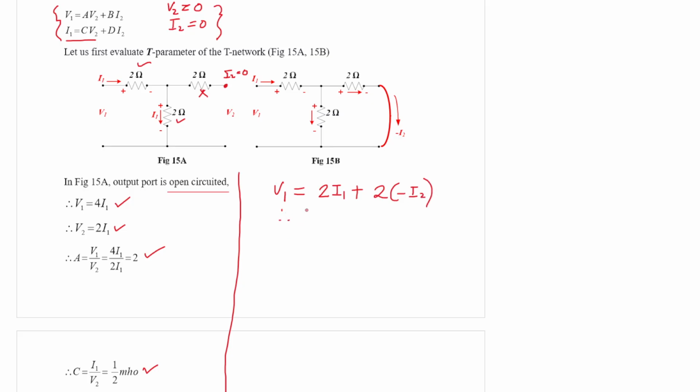Again from the current division rule, we write minus I2. It is the total current, which is I1, into the resistance of the other branch, so 2 divided by the total resistance, which is 4. So it will be nothing but I1 by 2.